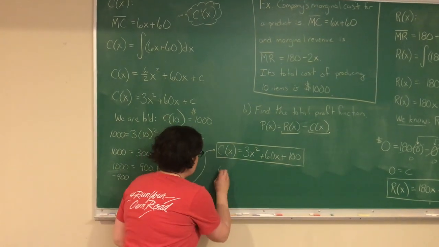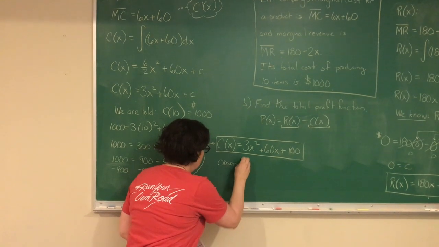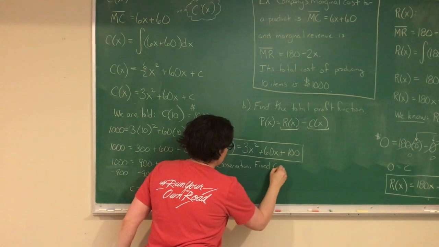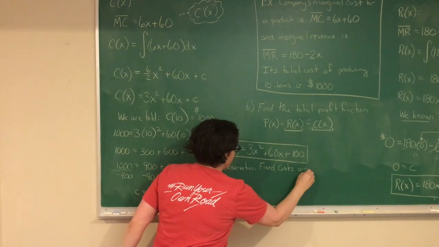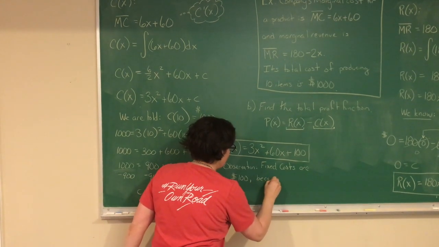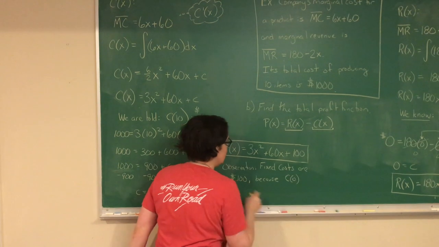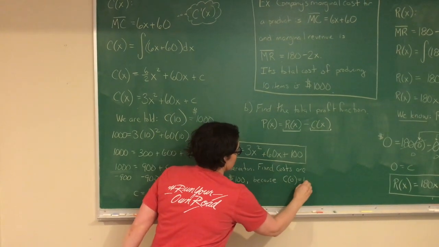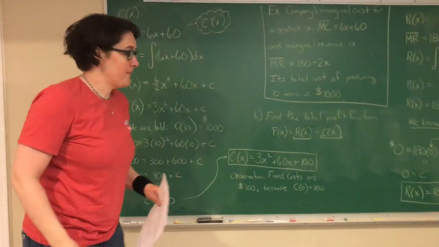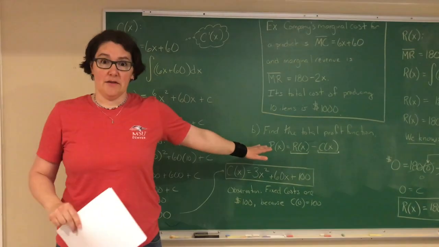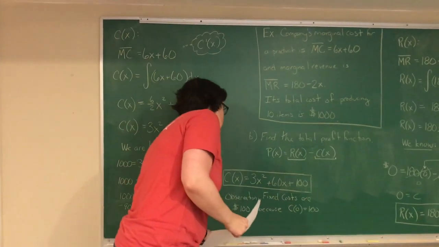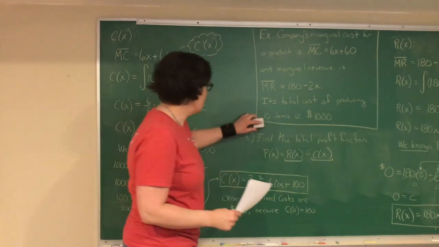So an observation is that the fixed costs are $100 because when I plug in 0 into my function, my output is 100. Okay, so we are now ready to actually answer part B. In part B, we're asked to find the total profit function, and we've now figured out our revenue function and our cost function.